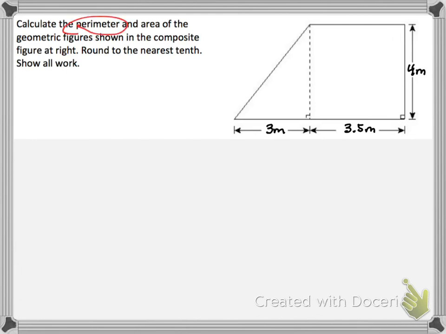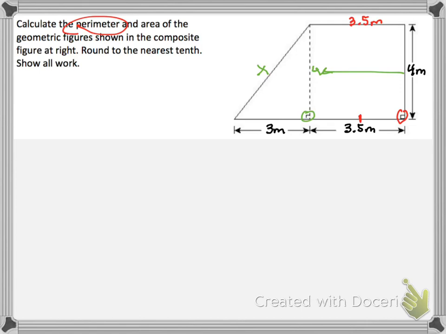So if this is 3.5 and we see this little right angle right here, then we know that this is 3.5 up here as well. So if we're finding all the outside edges, we're still missing one piece here. We don't know what this is, but we do know that this is going to be a 4 and that we have a right angle right here.